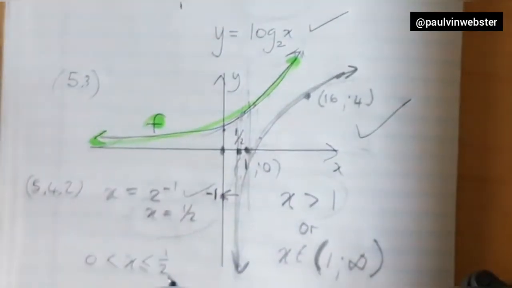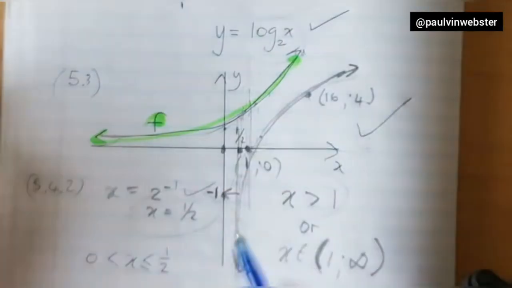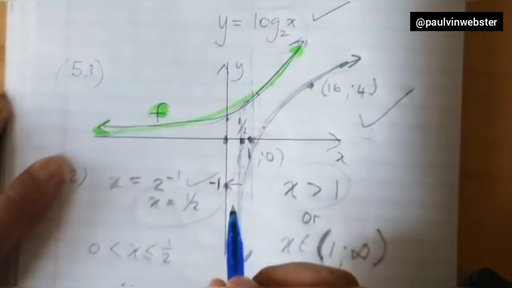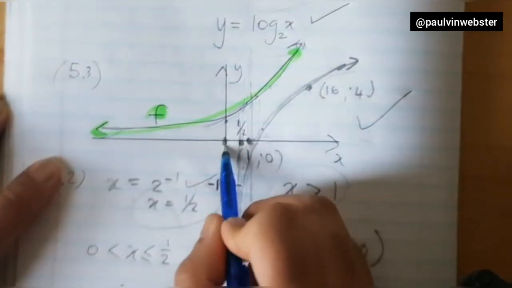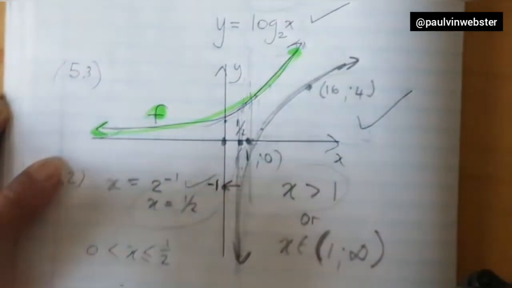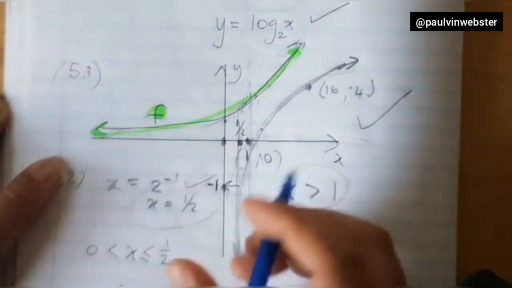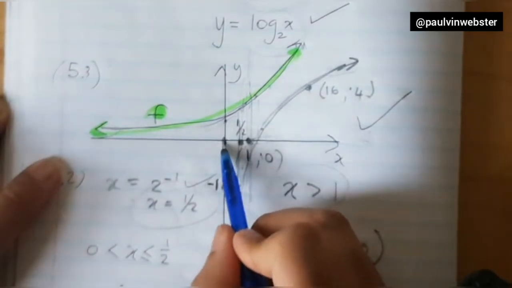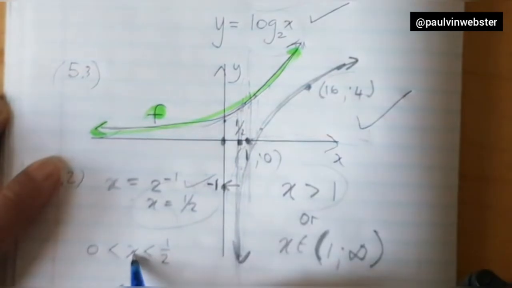Remember, this symbol just means we are estimating something. So it's going to be all my x values between 0, it must be between 0 and something on that side, because this graph doesn't exist on the left side. There's an asymptote there. So it's all my values between 0 and a half. So it's x's less than or equal to a half but greater than 0.